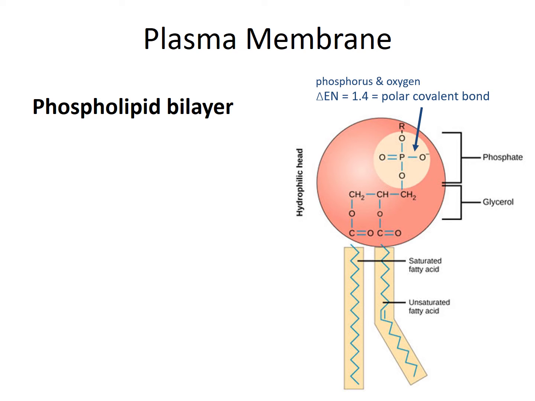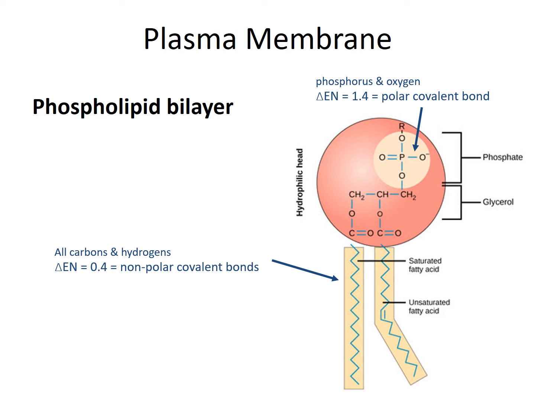Therefore, the head of this alien phospholipid cartoon is hydrophilic, meaning it readily interacts with water. Contrast that with what you know about fatty acids. They're comprised of all carbons and hydrogens. The electronegativity difference between carbon and hydrogen is low, so these are forming nonpolar bonds.